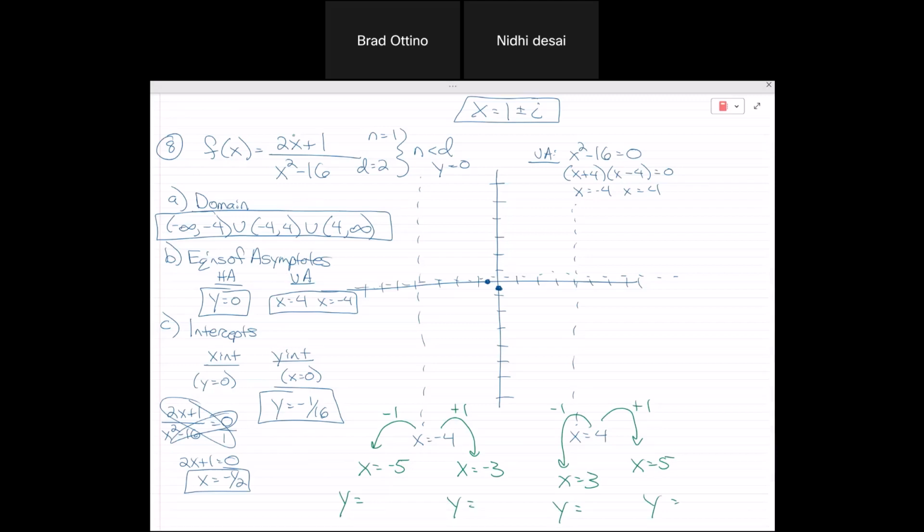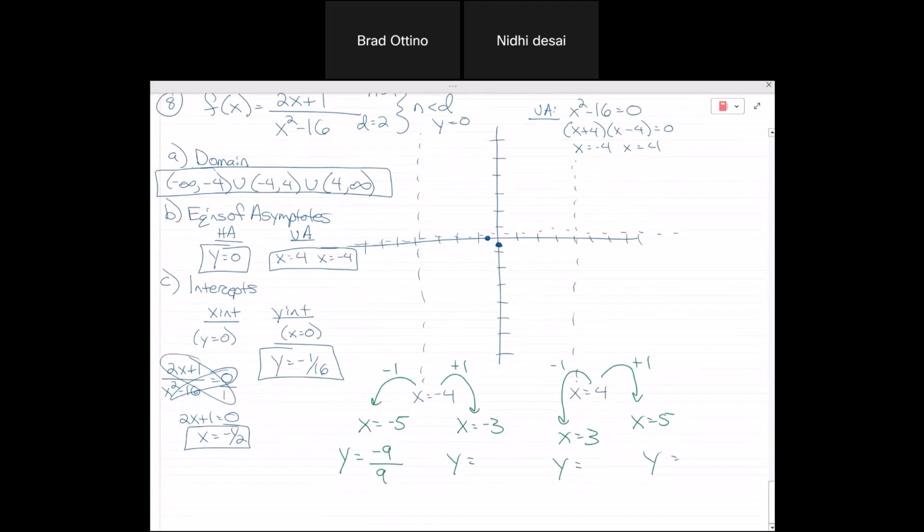If you plug in negative 5, on top you would get negative 10 plus 1 is negative 9. And on the bottom, 25 minus 16 is positive 9. So what this means is when x is negative 5, y is negative 1. So I'm just going to put a point below, and my branch is going to be below.